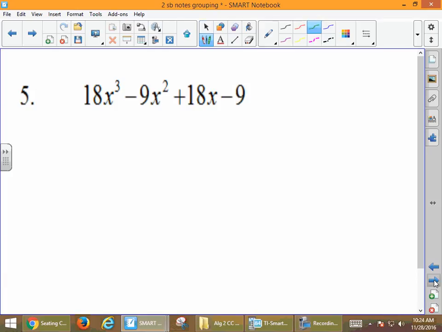And if you look closely, what happens is that 18 and 9 and 18 and 9 all have a 9 in them. So one of our greatest common factors is a 9.